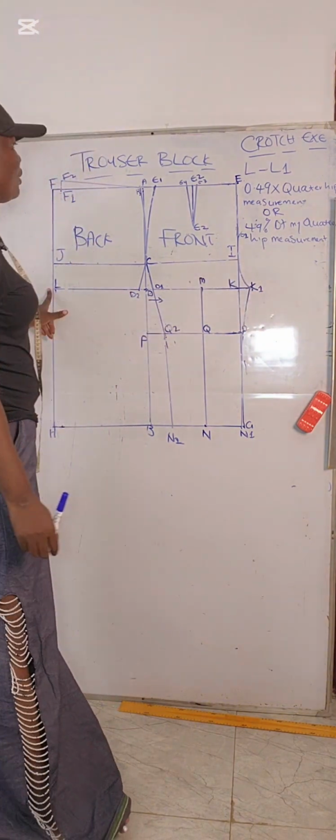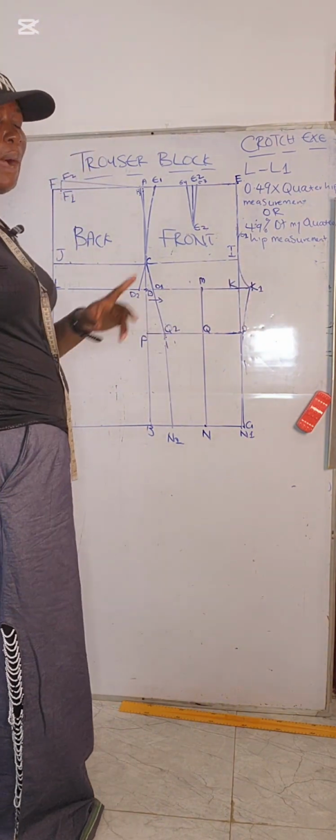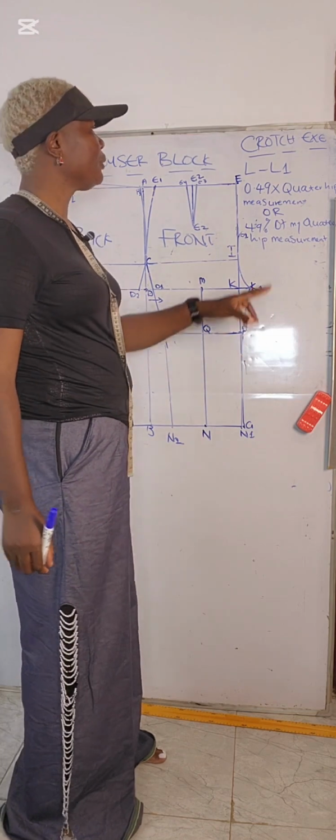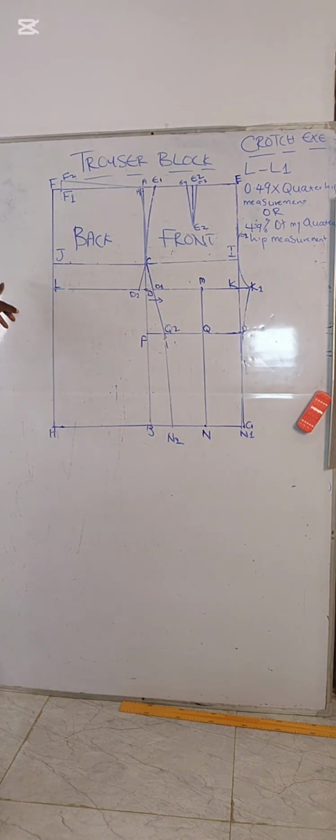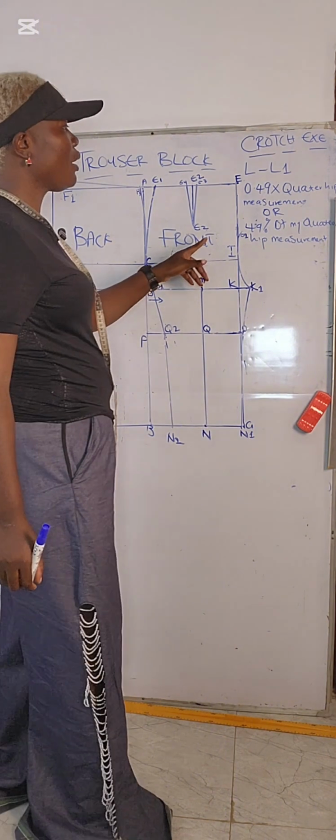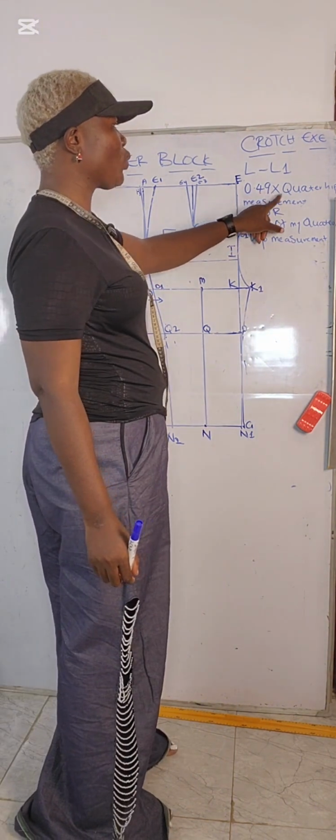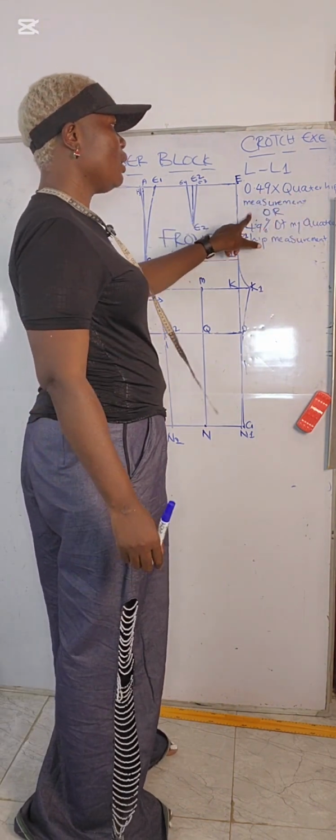That is my L to L1. I'm going to say it again. For my L to L1, my crotch extension is 0.49 times quarter hip measurement.